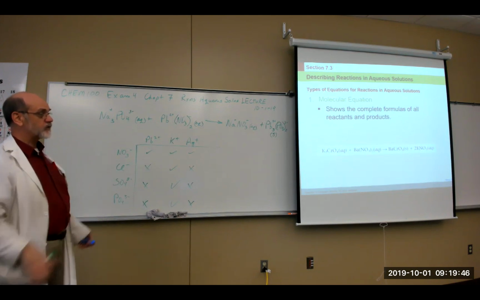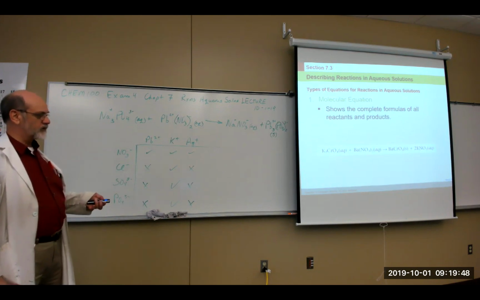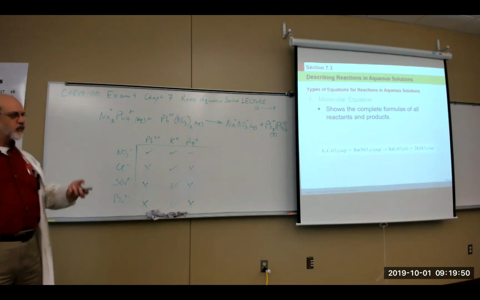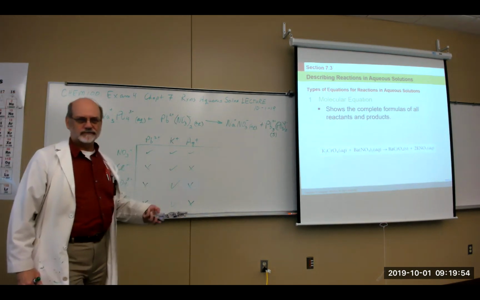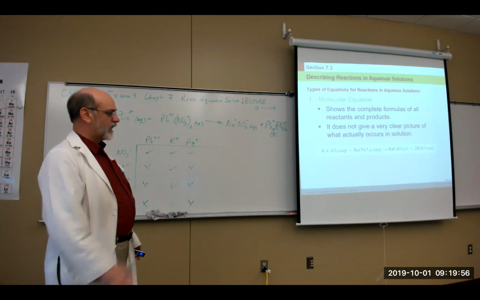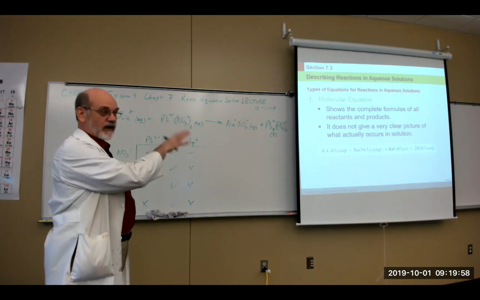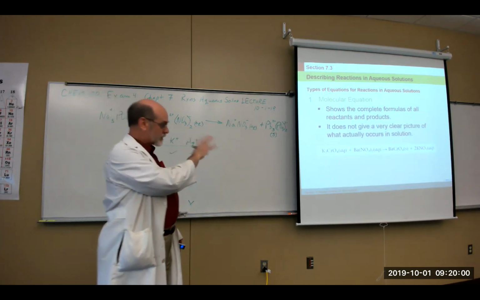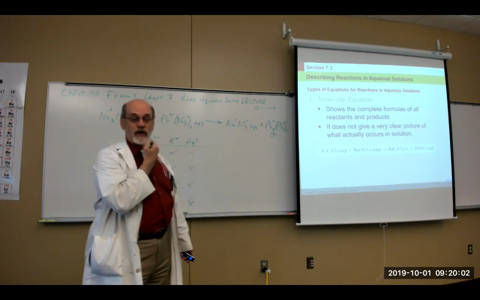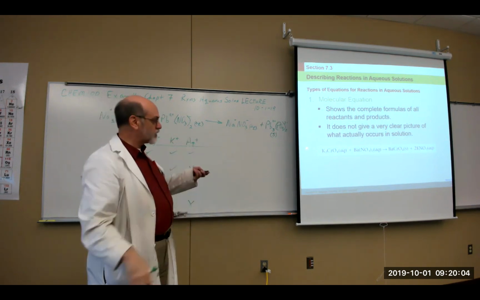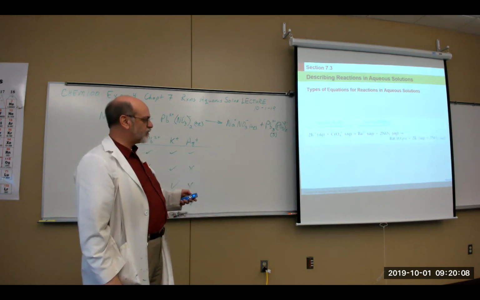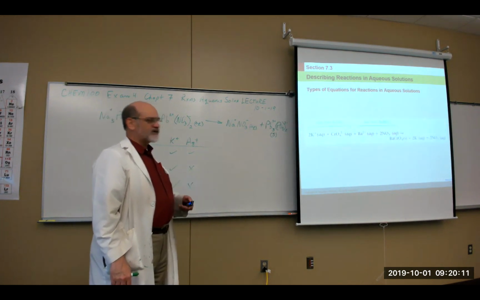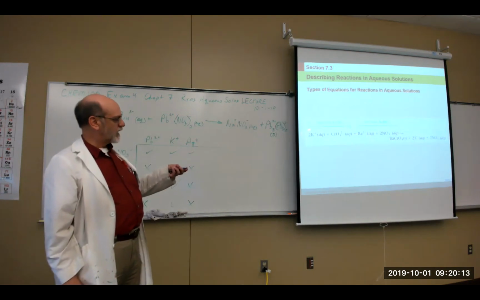Okay, so this is what I showed you earlier. That's the molecular equation, where you treat everything as if it's a standalone molecule. And that's fine. When you write that equation, that's good, and it's easier to balance equations that way. So this is where you balance your equation. Once you get it balanced, then you bust it up into ions.